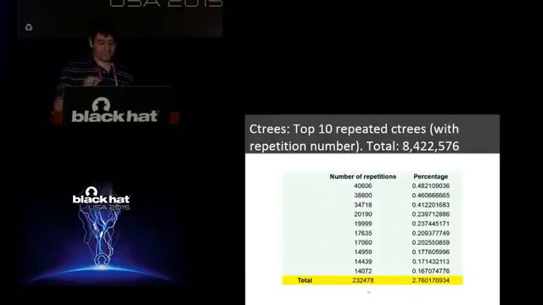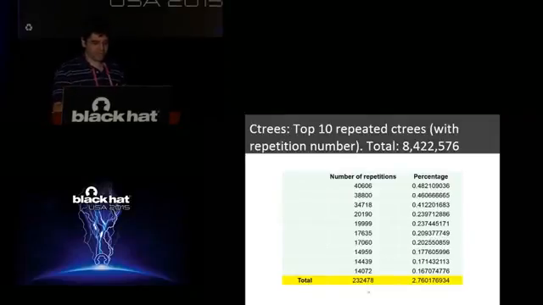So there is something interesting here. Here is the top 10 repeated C-trees. So C-trees with 40,000 repetitions is around 0.48% and so on. What is interesting here is if you see the total. If you get just the top 10 C-trees that got some repetition, this means that 2.76% of all the C-trees are actually covered.